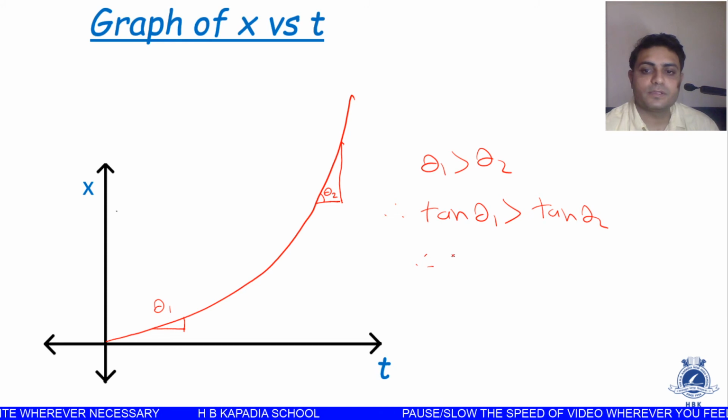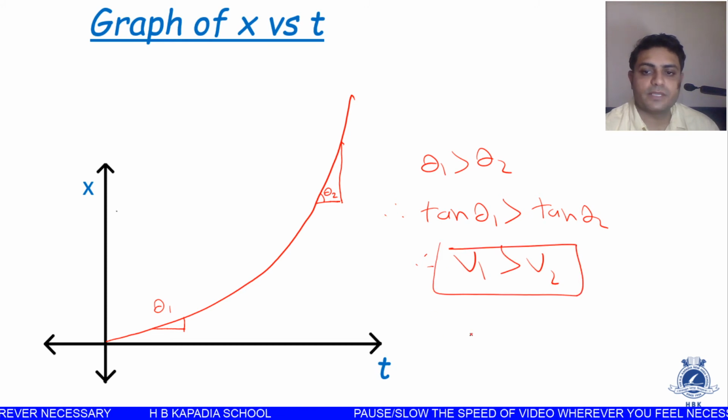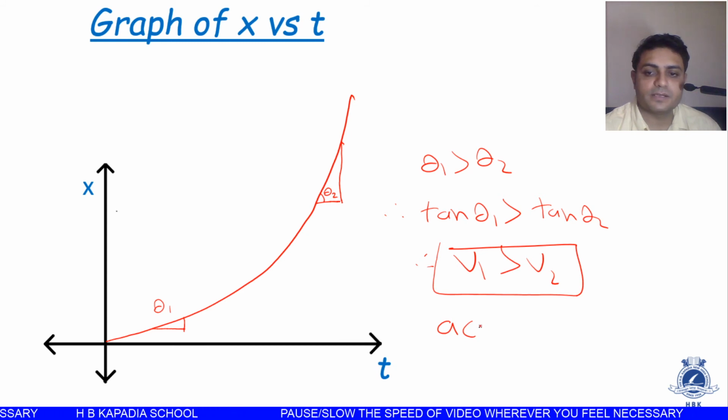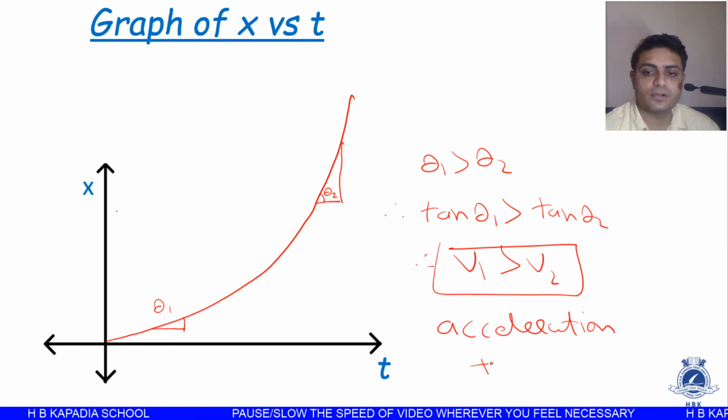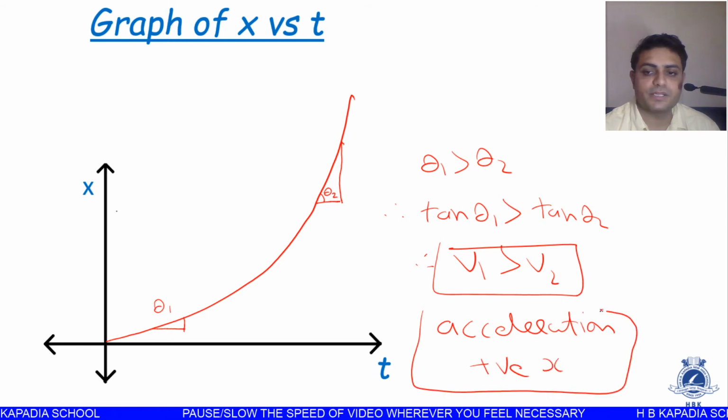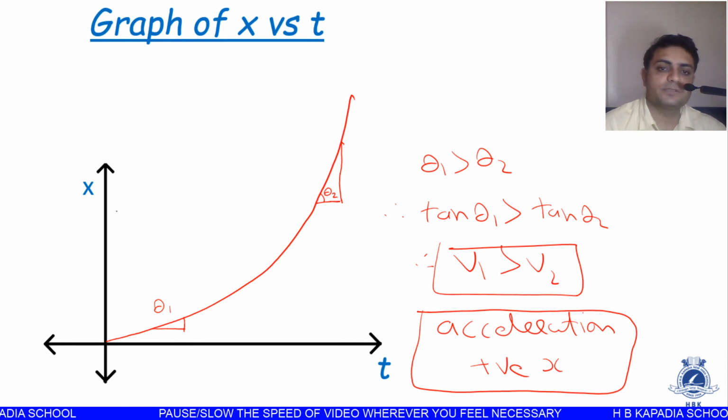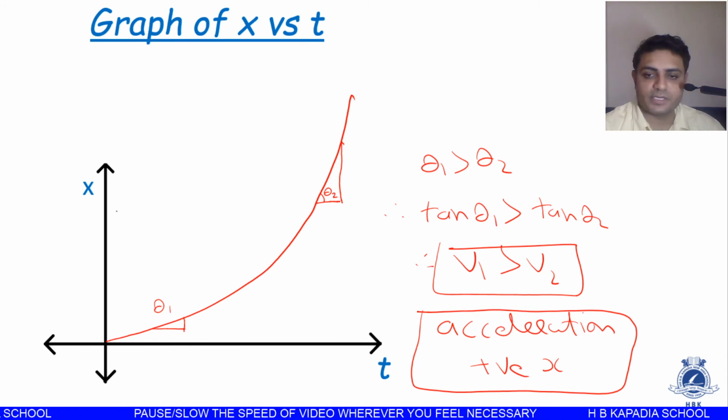So therefore v1 will be greater than v2. Okay, so over here we can say the object is accelerating. We can say over here the acceleration is there. This acceleration is along the positive x direction, because the object is moving along the positive x direction.